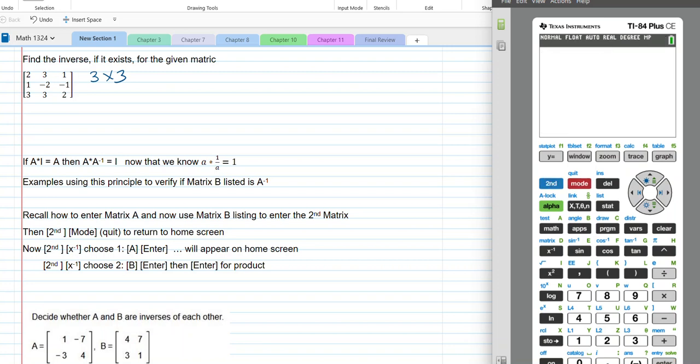So I'm going to name the matrix A. And then I'm going to hit the inverse key, enter. Thought I entered. There it is. And I see these decimals.